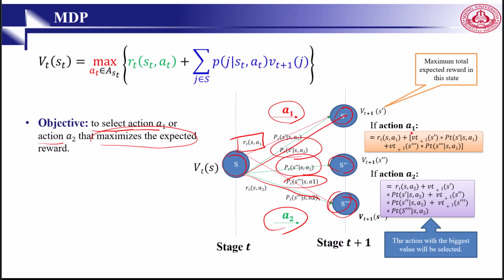If I take action A1, the reward R_t(s, a1) plus V_{t+1}(S'), multiplied by the probability of transition to that state, and the same for the others. So this is how we can calculate the total reward. And in the same way, we can calculate for these three possibilities that action A2 may move us to. Then the action with the highest value will be selected among A1 and A2.